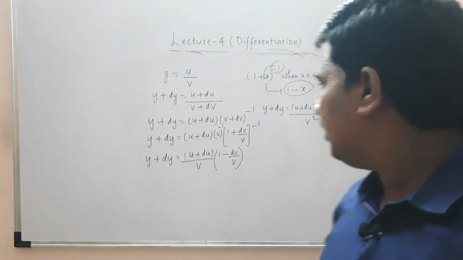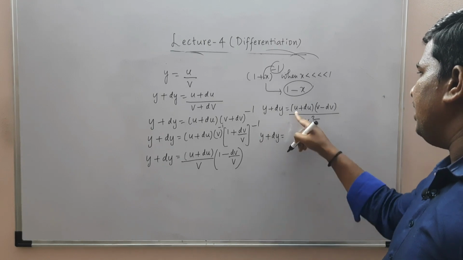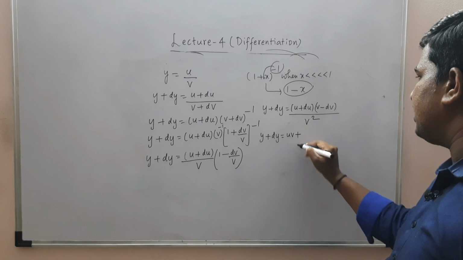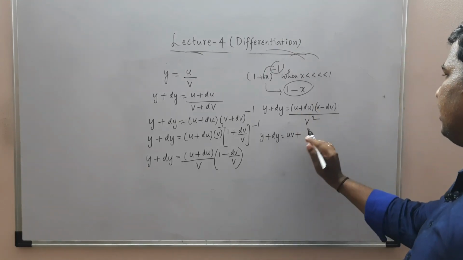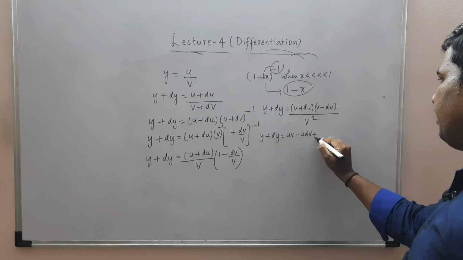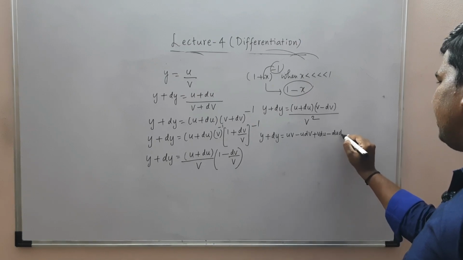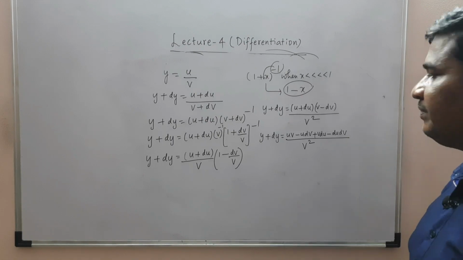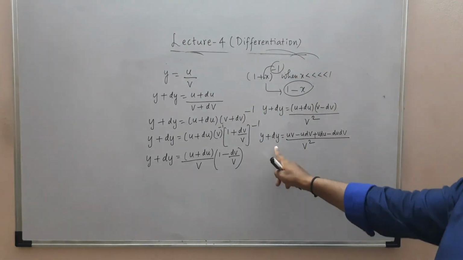right? So y plus dy will be uv minus u dv plus v du minus du dv by v square. I hope you are clear with this step.